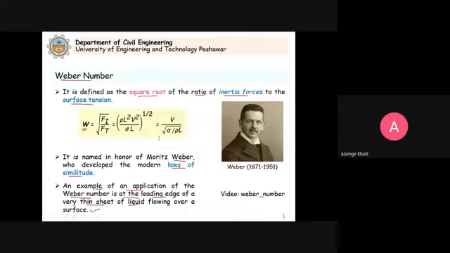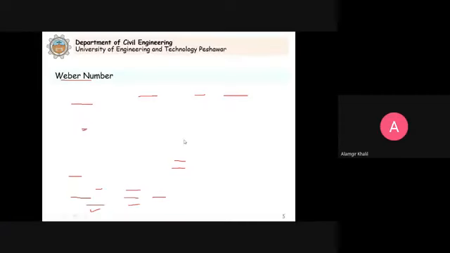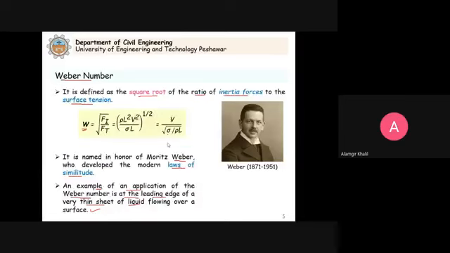You can see that here this is a bubble. At the interface, you can see that the surface tension effects are significant. So in the study of such cases, we have to consider the Weber number as the significant dimensionless number for dynamic similarity.